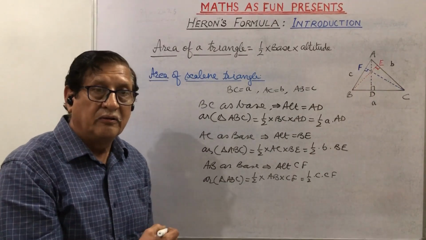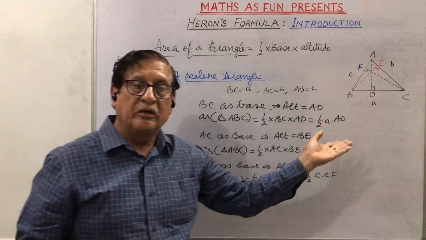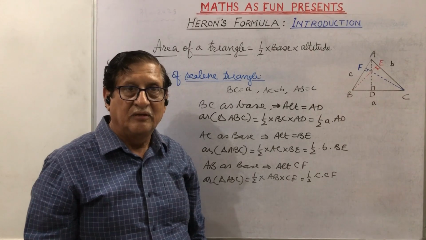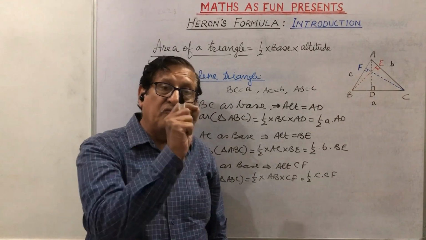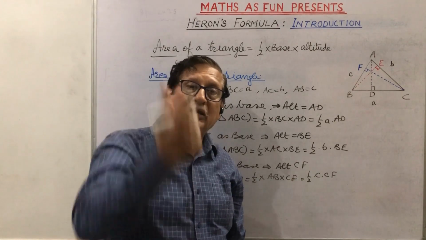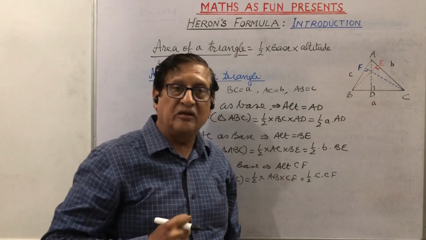And here we are to find out the altitude according to the base in different methods. It's not so easy. This is the reason we want a formula which can be applied to any type of triangle to find out its area.